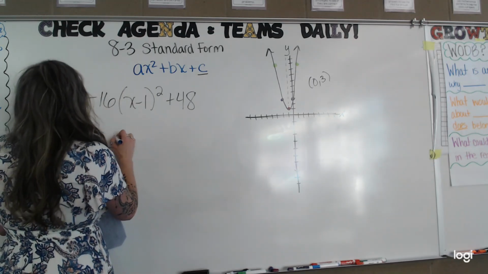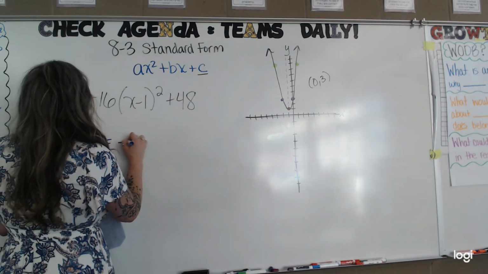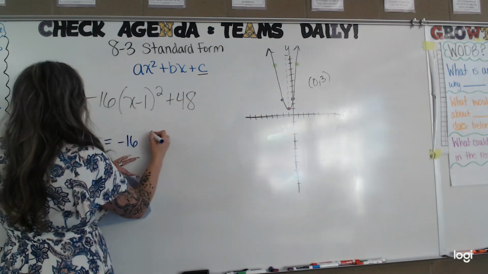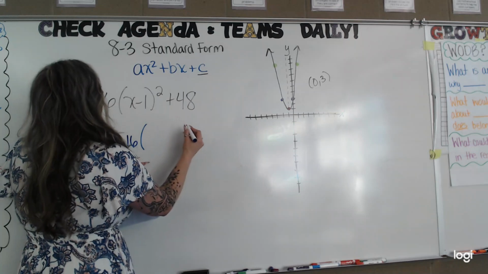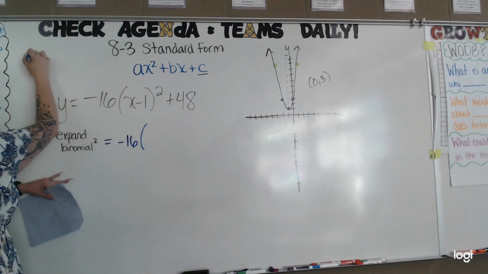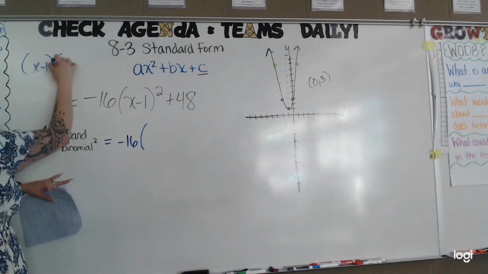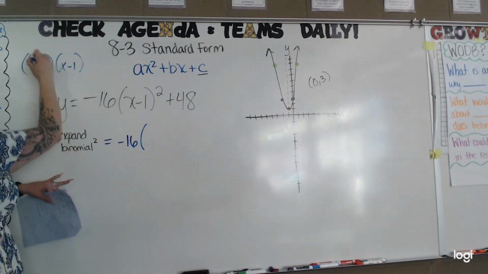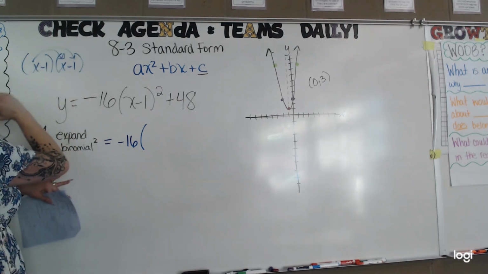So we can bring everything down and then rewrite this. Maybe off to the side you want to do this math here. So I'm going to just do this up here, and I'm going to FOIL it, right? Multiply.